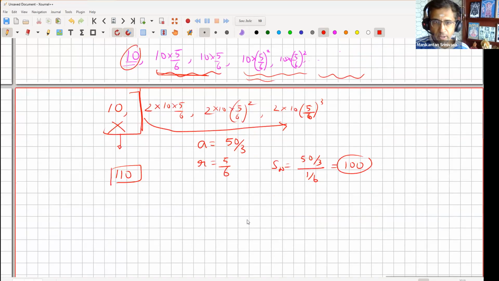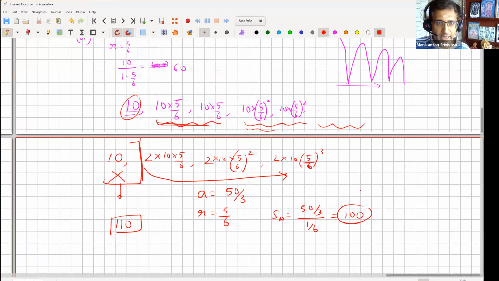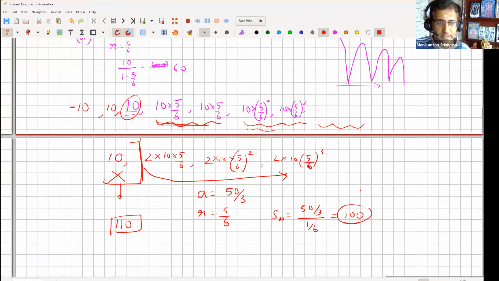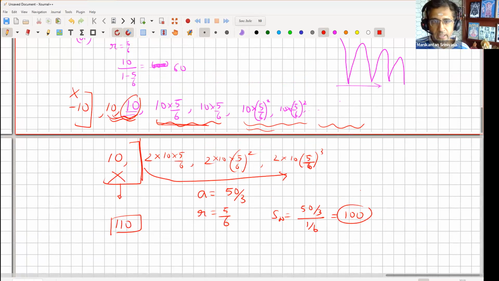Another way you could have done the same problem is, just by symmetry, I could have added a 10. I'd say, okay, fine, I'll put another fake 10, but I'll compensate later. So I'll start counting my geometric progression as 2 times 10, 2 times 10 times 5 by 6, and so on, but I'll subtract it at the end. Effectively the same thing.